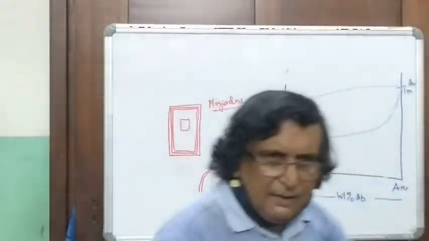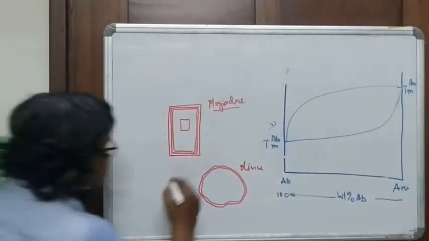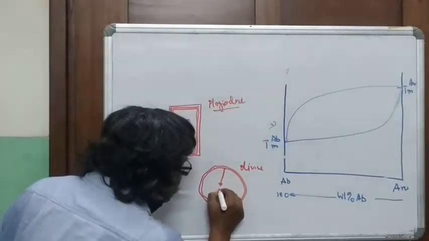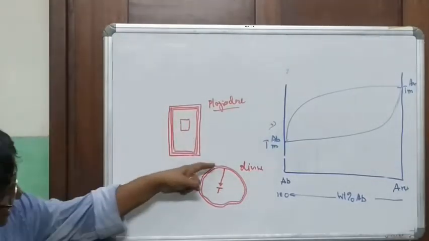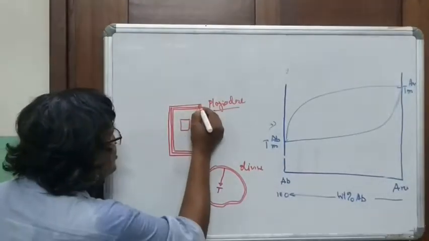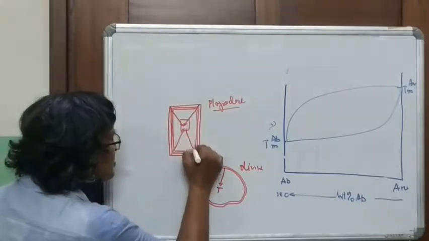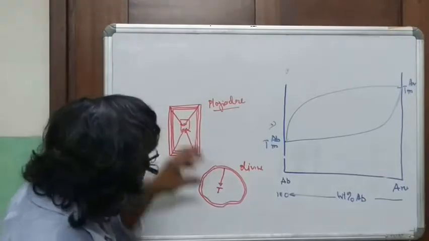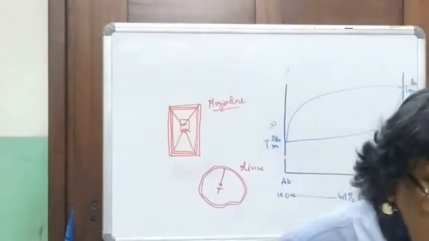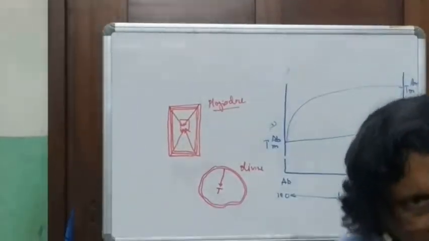From the last example that I drew on the board, you can understand that in a zoned crystal, the temperature increases in this direction, from the margin to the center. Isn't it? Because the cores of the grains formed at high temperature and the margin forms at lower temperature surrounding it.